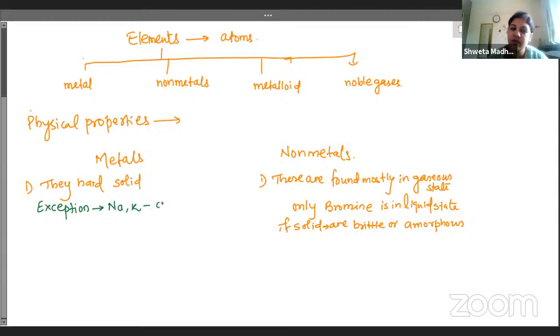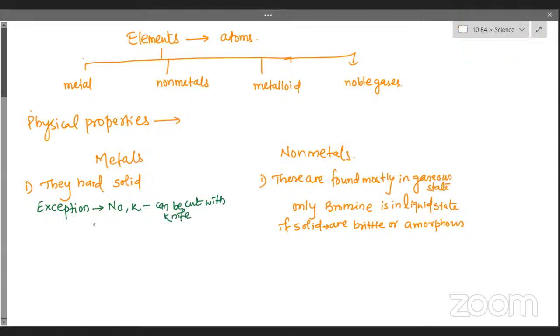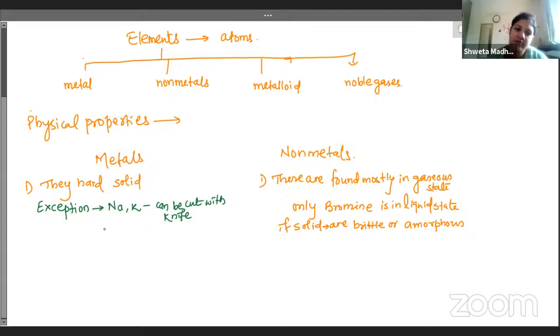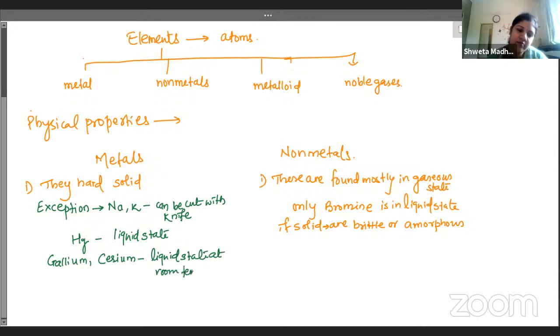Sodium and potassium can be easily cut with a knife. Gallium and cesium come to liquid state when kept at room temperature, or just above room temperature.